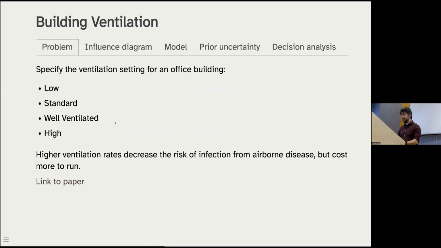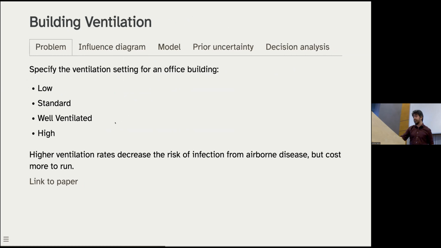So let's look at one example problem first. Here, we've been asked to specify which ventilation setting we need to use for an office. We can run this on low, standard, well, or high ventilation. And increased ventilation rates will decrease the risk of infection from airborne diseases in this office, but they will cost more to run.